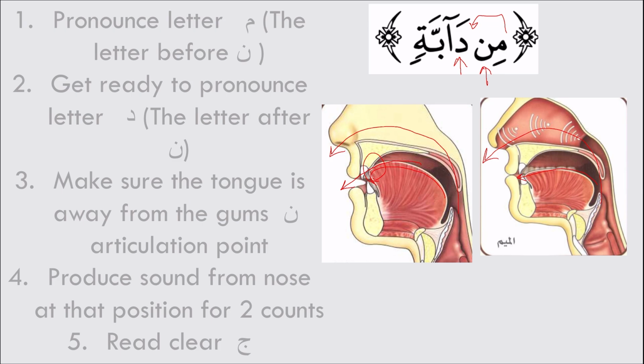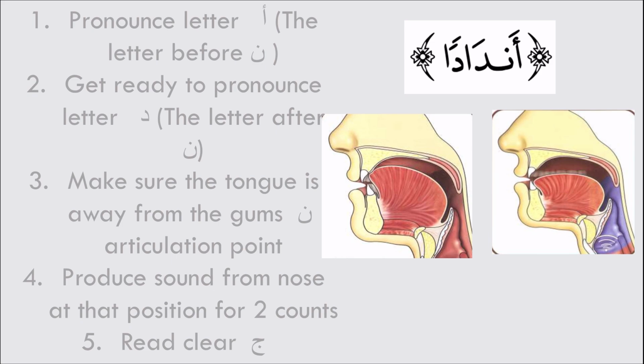Don't say min da or min da. That is super important, and I'm sure that you memorize it because of the repetition of this information. So this word will be min dabbah, like this.